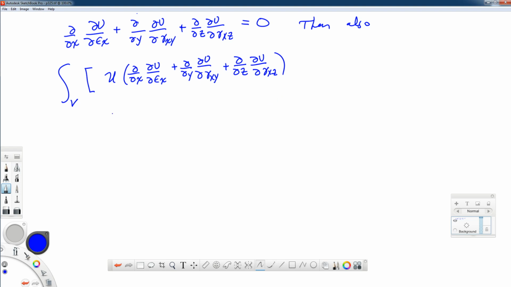Now, I'm going to finally write down those other two equilibrium equations. We're going to take the v component of the displacement field, multiply it by 0 as well. But now we have tau xy in this term, which is partial of u with respect to gamma xy, and so forth.